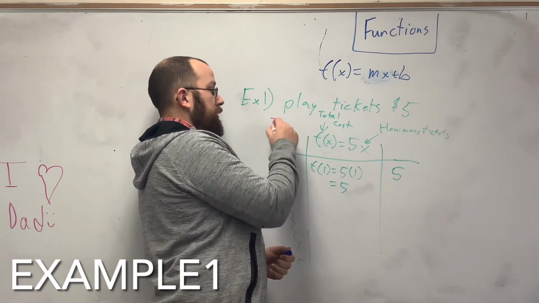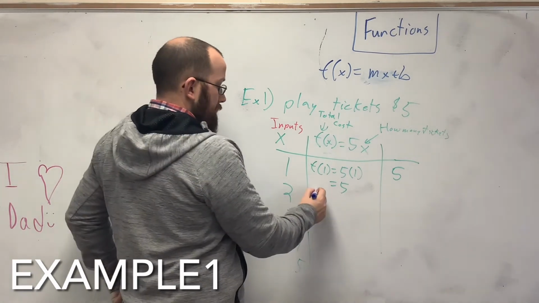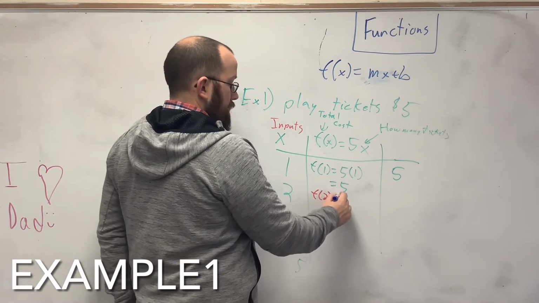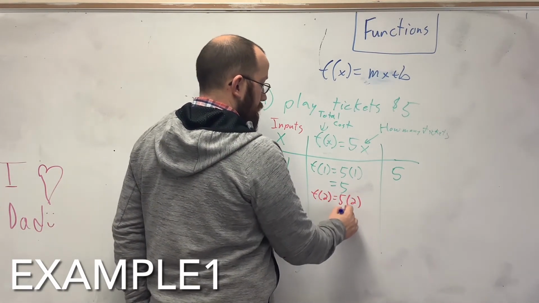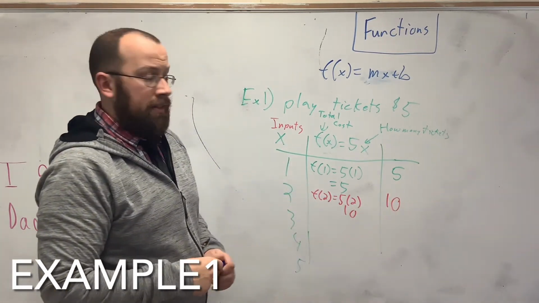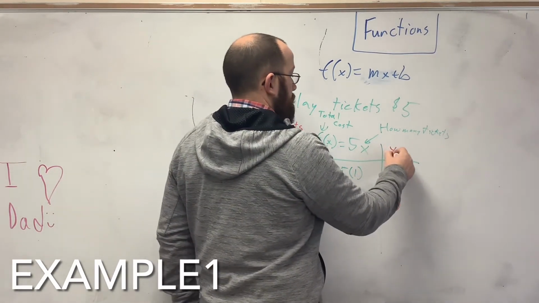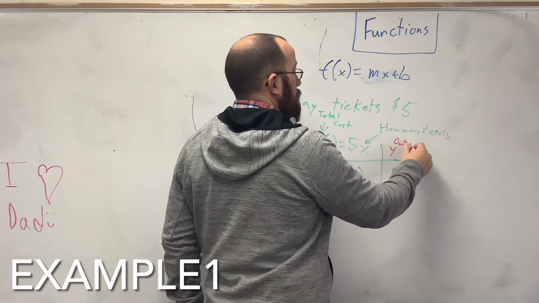So these are my inputs. So now I'm going to buy 2 tickets, and that's 10. So every time I buy 2 tickets, how much am I going to owe? I'm going to owe $10.